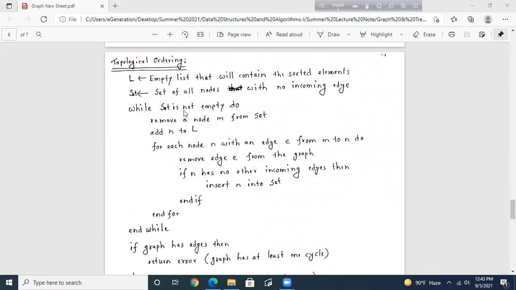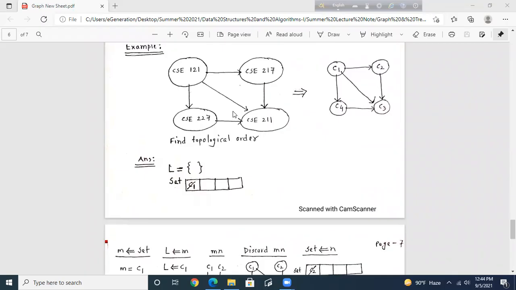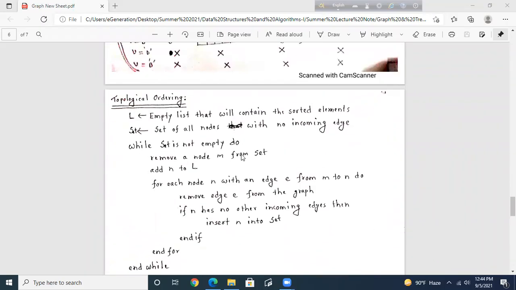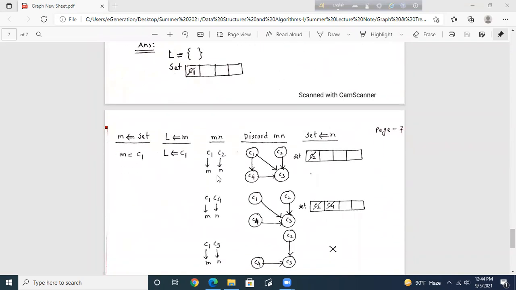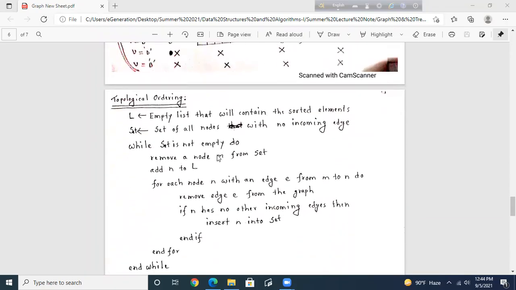While the set is not empty, you have to continue, you have to run the algorithm. Until the set is empty, you have to continue the loop.